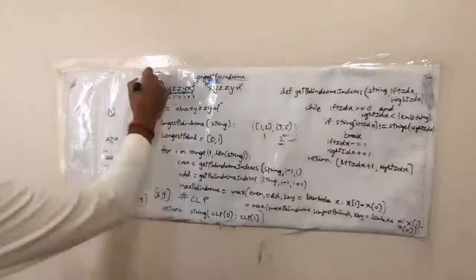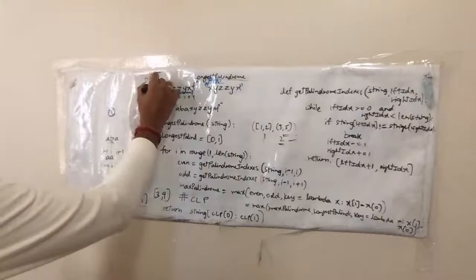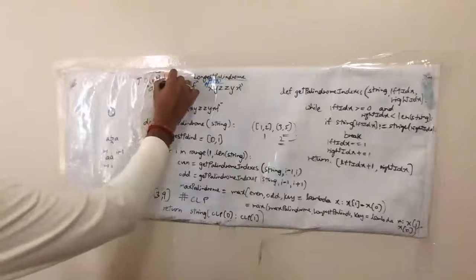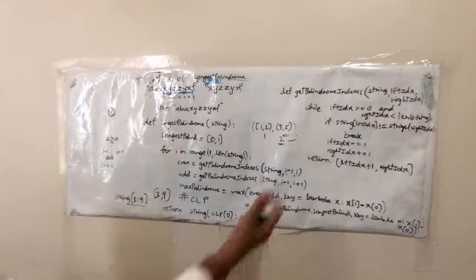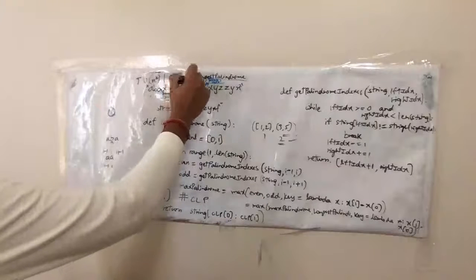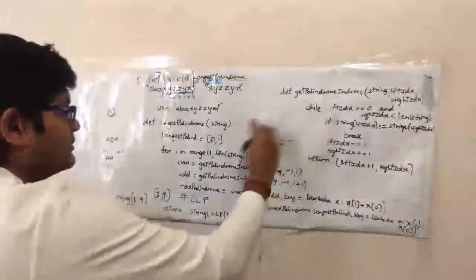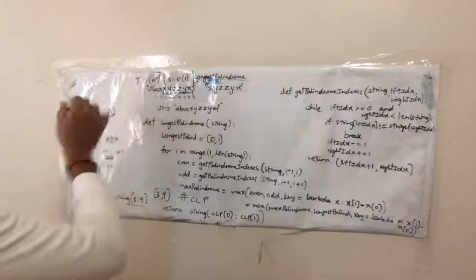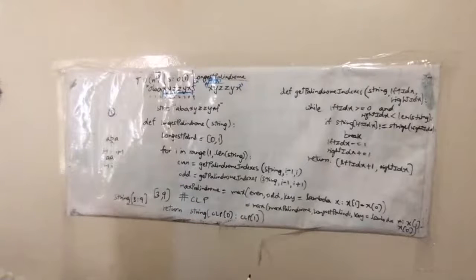It is making a big O of n square of time complexity. For space complexity, it is not creating anything, so it is big O of 1 space complexity, the best for space. So using pointers we finally got the best possible complexity, n square for time and big O of 1 for space. I think that's it. This completes the problem.